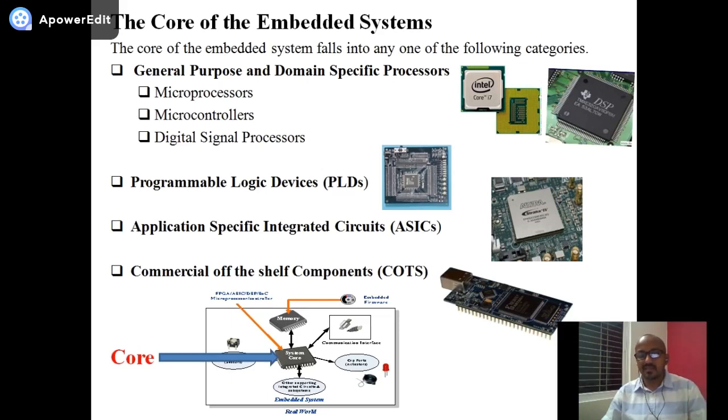Such ICs are called application specific integrated circuits. And commercial off the shelf components, for example the USB port. Even a wireless mouse has a dongle. When you insert the dongle in the USB port, it immediately starts working. It doesn't need any drivers to load. Such devices which are helpful for plug and play are called commercial off the shelf components.